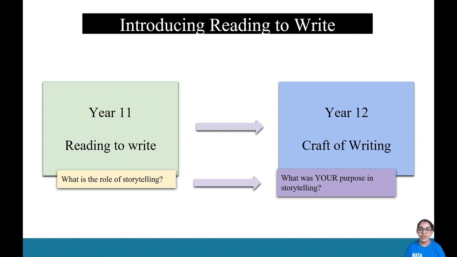Now, looking at reading other people's work to write, essentially, you're looking at why are people storytelling. In year 12, you again read other people's work as well, but then you use that as inspiration for your own writing, and you consider what is your purpose as a storyteller, and that's the key there.